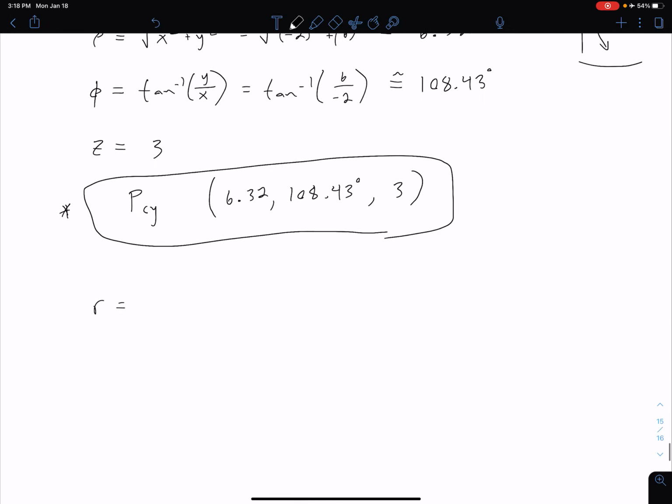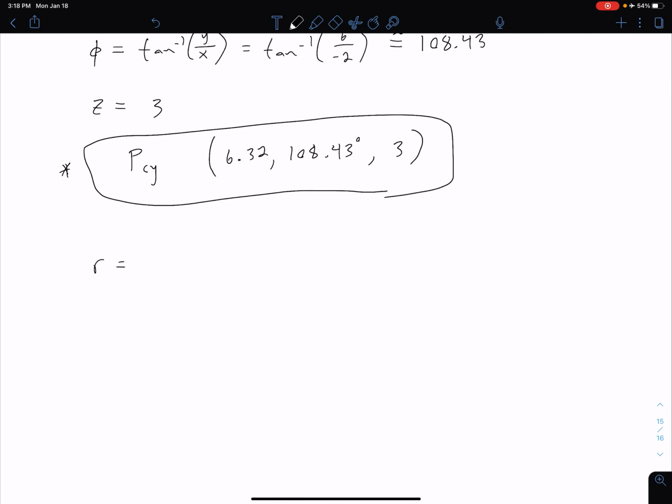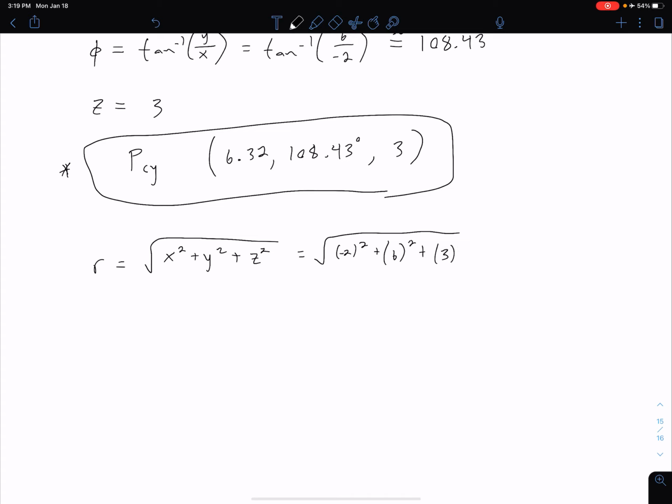So in this case, we're going to go from Cartesian to spherical. r is equal to the square root of x squared plus y squared plus z squared. Plugging in our values, we have -2 for x, 6 for y, and 3 for z, and that ends up being 7 exactly.